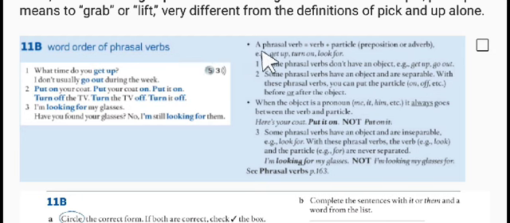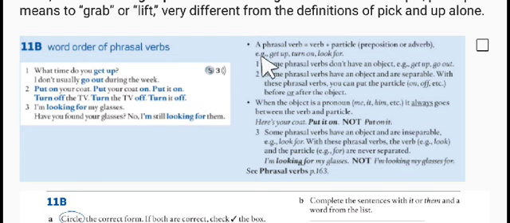First we have to read the rules and understand the rules. Then we have to read the examples and discuss them and understand how the phrasal verb can be used in sentences in different positions, with an object, without objects.